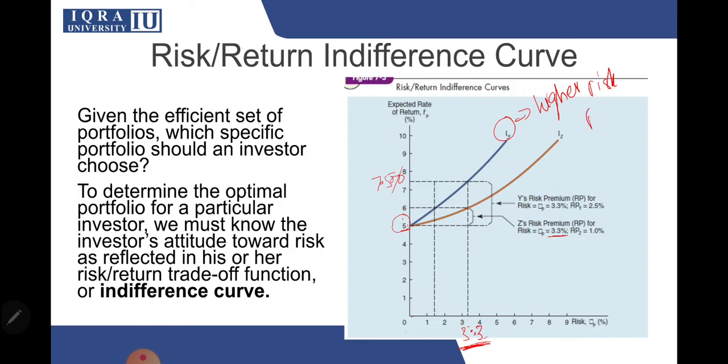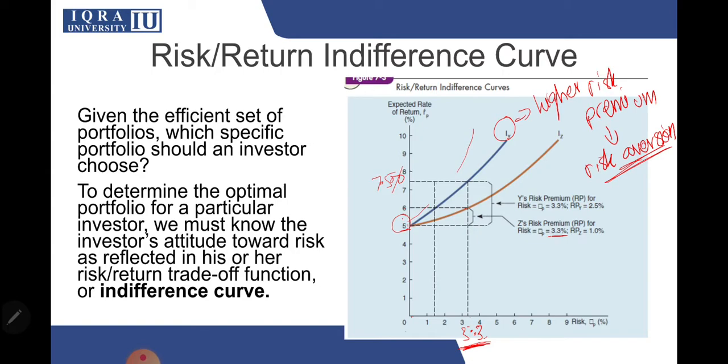And we have already discussed that the risk premium is a measure of risk aversion. So since this investor requires a higher risk premium, that means that this investor is more risk averse. So as the slope of your indifference curve increases, it means that the risk aversion of that investor is increasing.